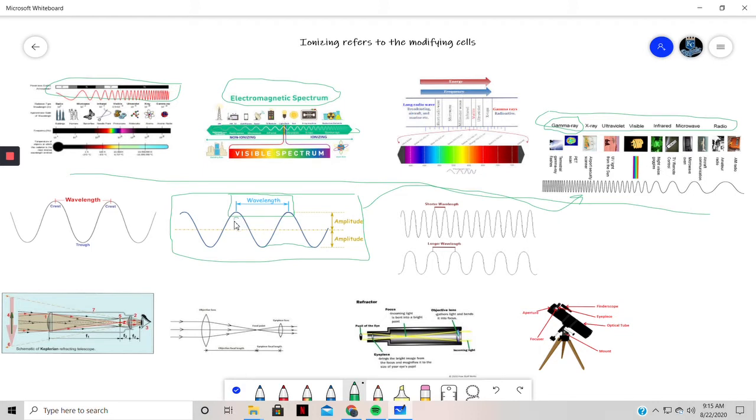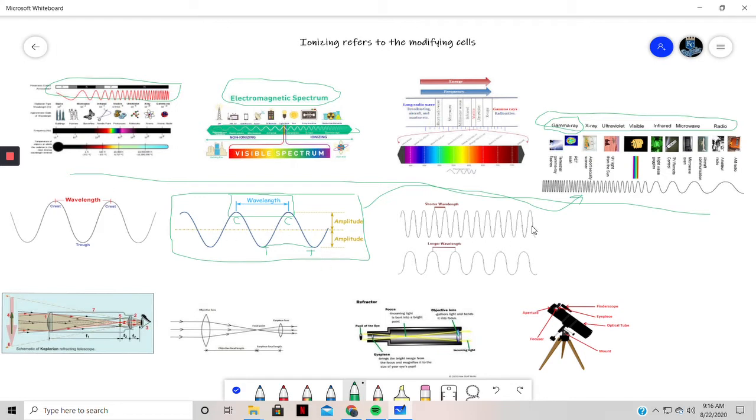So these are crests, these are troughs, which means the bottom, and you can see the word crest here and trough here. That is a wavelength. The further apart that wavelength is, the less energy. The closer those wavelengths are, the more energy.